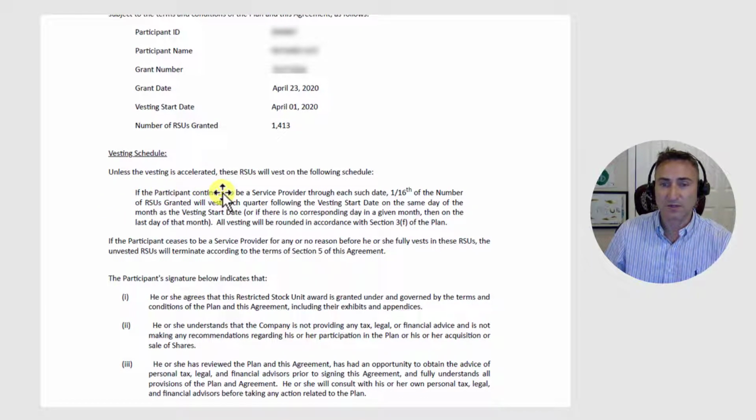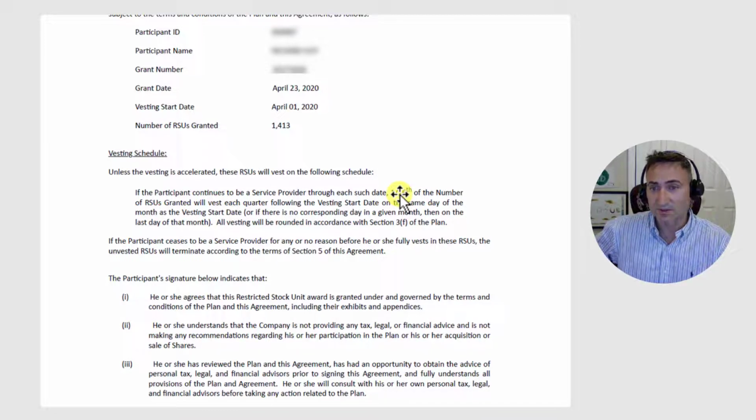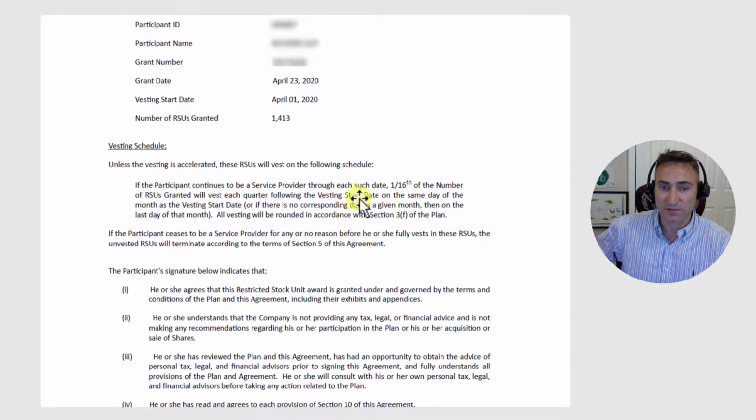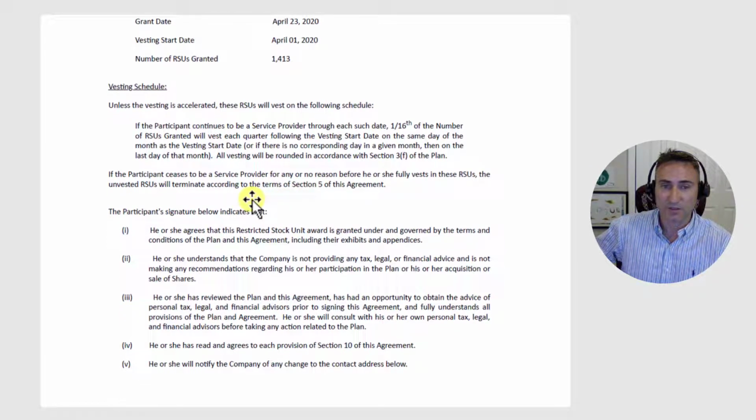In this particular instance, they received 1/16 of the number of RSUs each quarter following the vesting date. So each quarter, every 3 months for 16 periods, which is 48 months, they would get another 16th of shares if they are still employed.